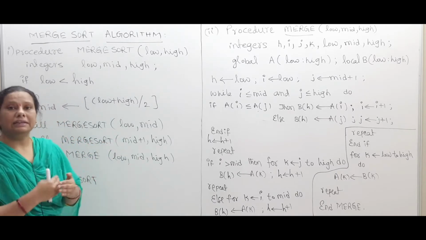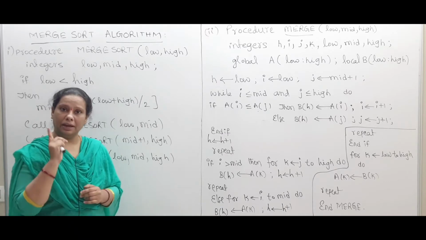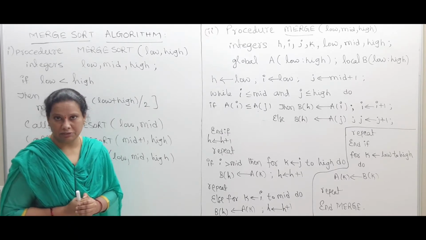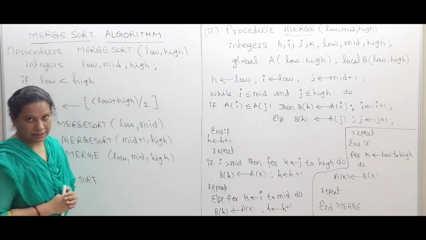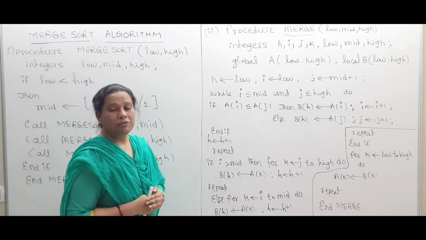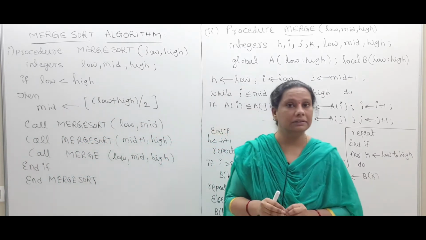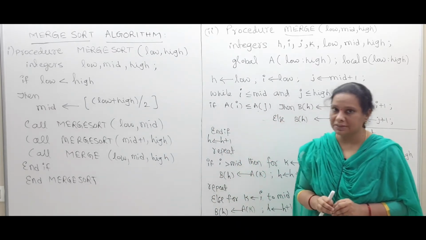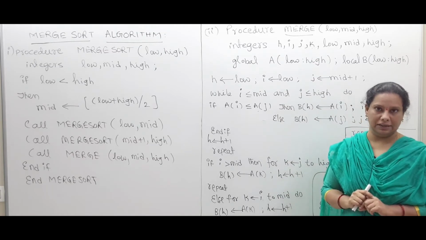Dividing the elements, going on dividing the elements till you get a single element in the division. The division is performed in the first algorithm. In step 2 we are going to merge, that is combining the elements while performing the sorting. The second step is explained in the second algorithm.